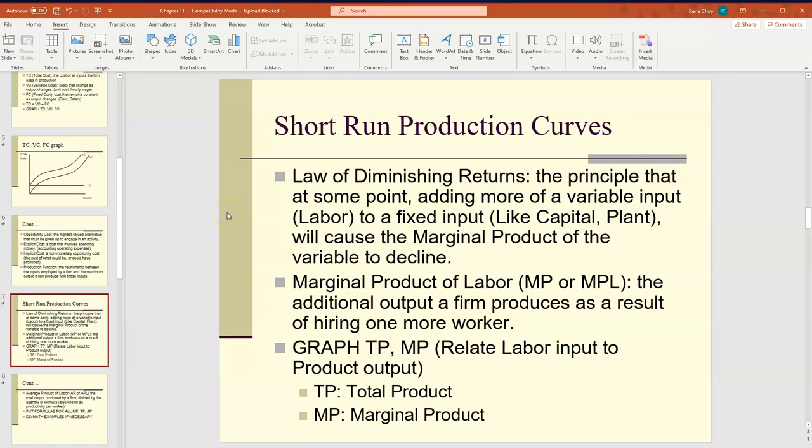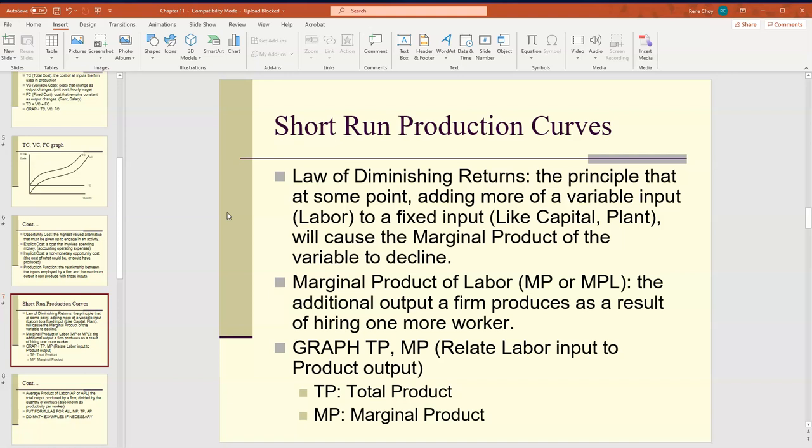In order to build a production function, we like to use this law called the law of diminishing returns. The law of diminishing returns is basically the principle that says that at some point, adding more of a variable input, like labor, to a fixed input, like capital, a plant, a facility, will cause the marginal product of the variable to decline.